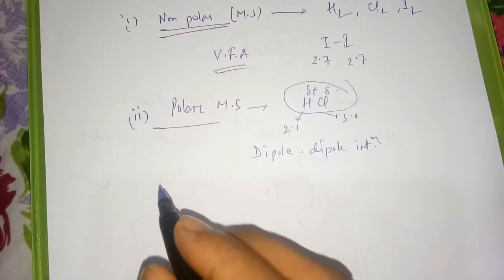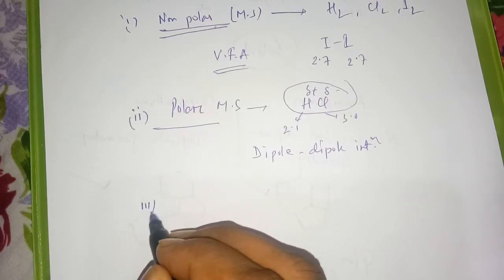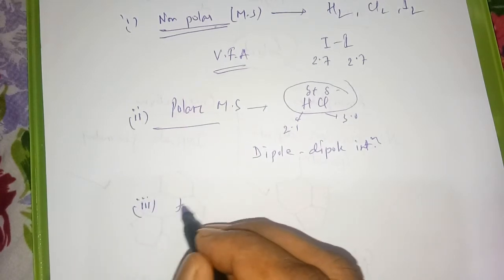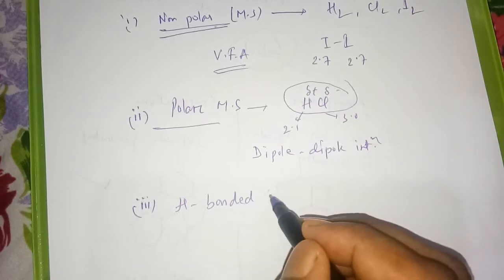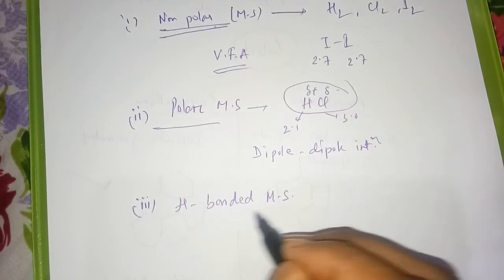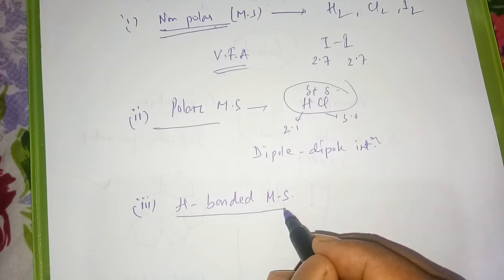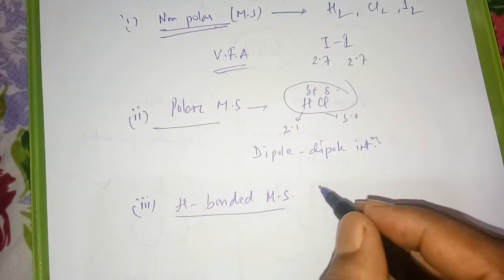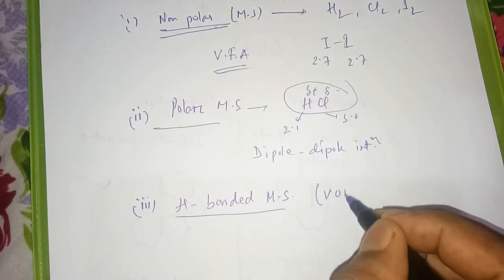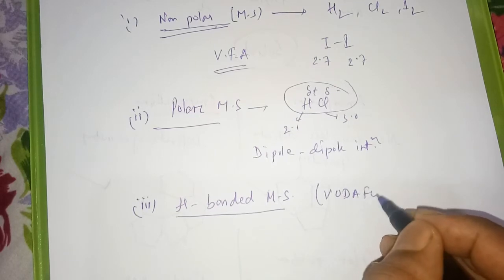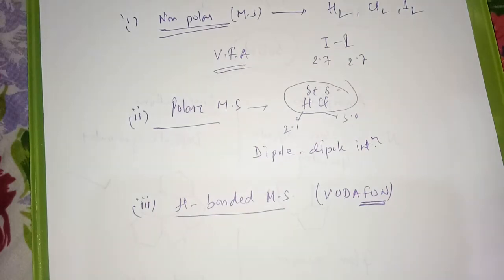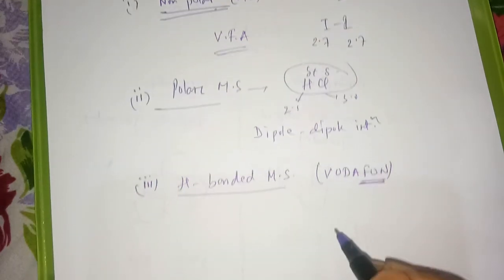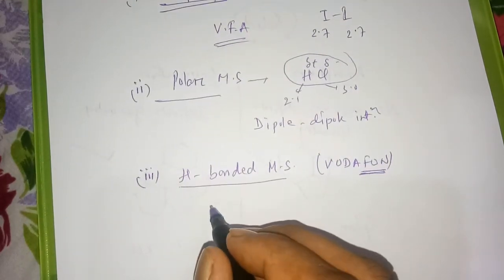Next one is the H bonded molecular solid, hydrogen bonded molecular solid. In hydrogen bonding you have to remember the word FON. So anything containing fluorine, oxygen, nitrogen forms hydrogen bonding.